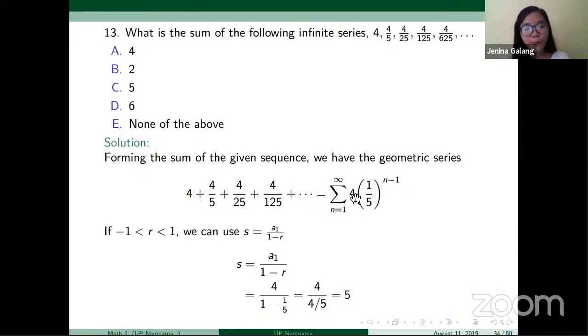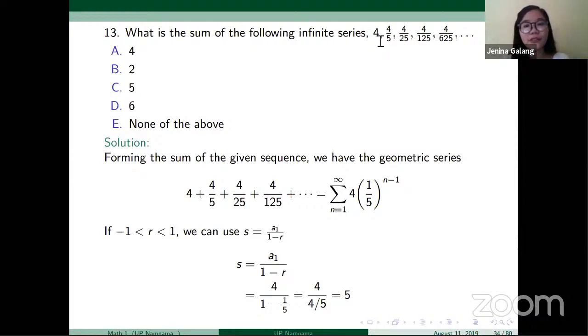So, para makuha natin yung common ratio dito, mapapansin nyo kasi na yung bawat term, makuha natin yung next term kapag yung previous term ay imumultiply natin ng 1 over 5.